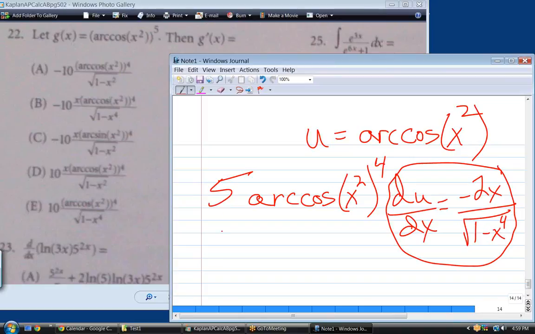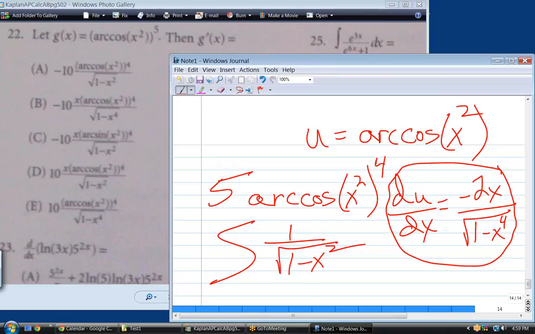So remember that when we get along about mid-year next year, you're going to have to take the integral of that. Well, guess what that is? That's arc cosine. In other words, if the derivative of arc cosine is this, then the integral of this is arc cosine.